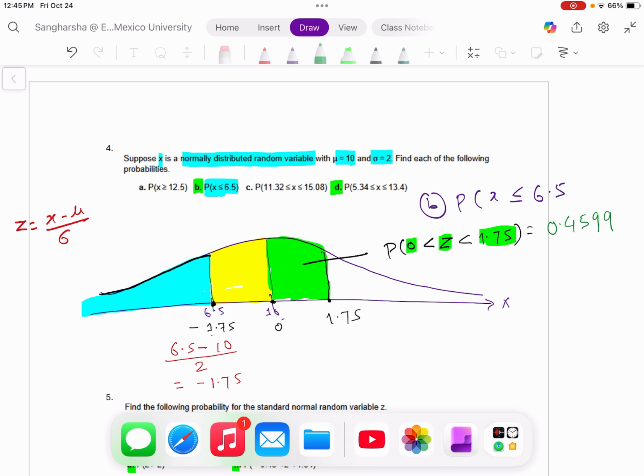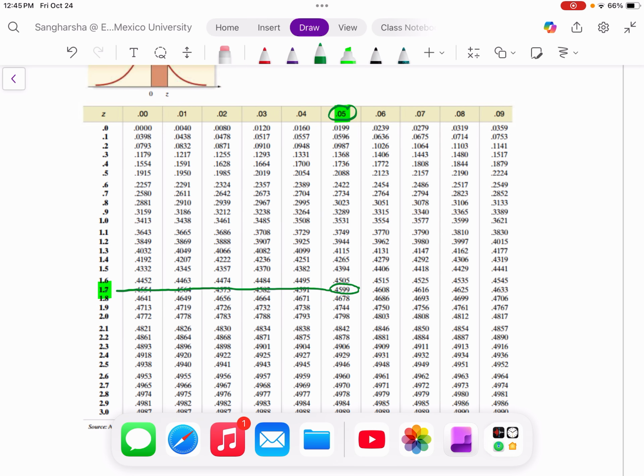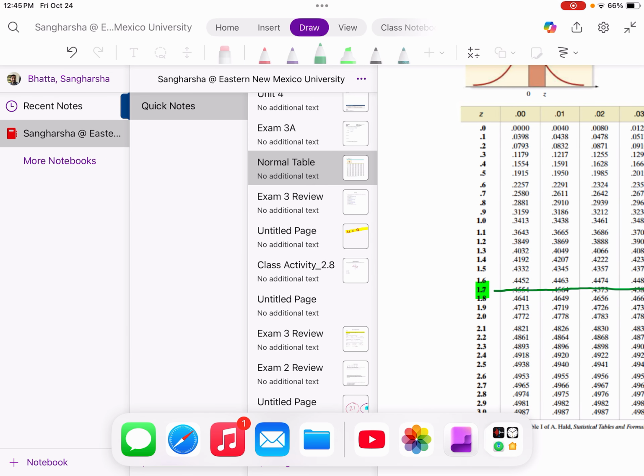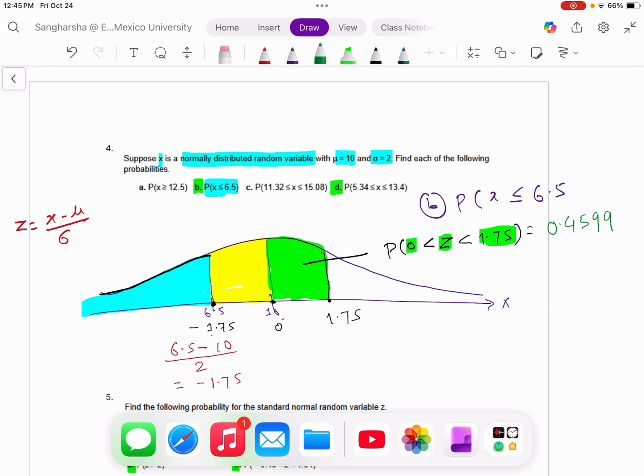Let me double check. 0.4599, yes. This green and yellow are exactly the same, so the yellow is also 0.4599.